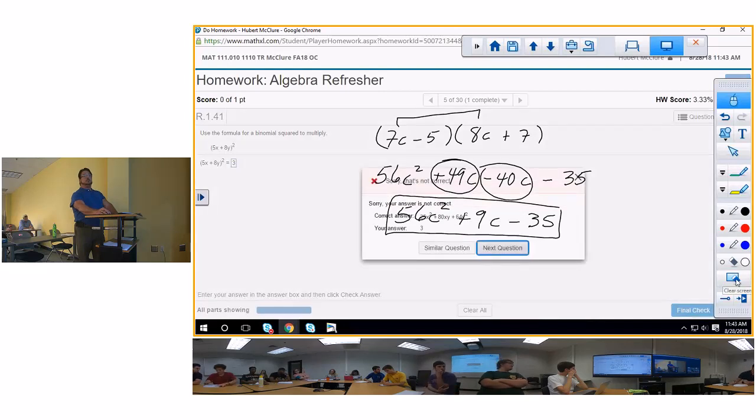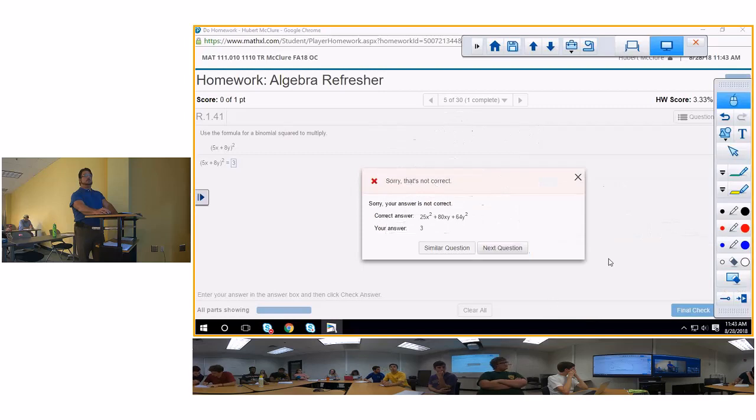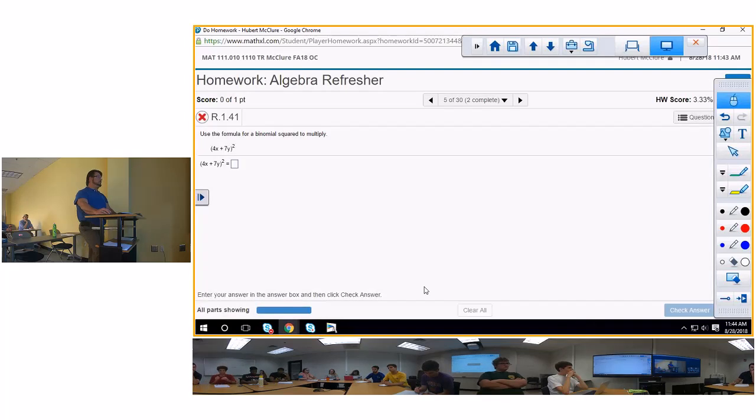Let's see if that's what the answer is. 25x squared plus 80xy plus 64y squared. See, similar question. If you suck at it, hit similar question, do another one. Simple as that. If you get it right, that means you know it. If you don't get it right, you hit similar question until you get them right.